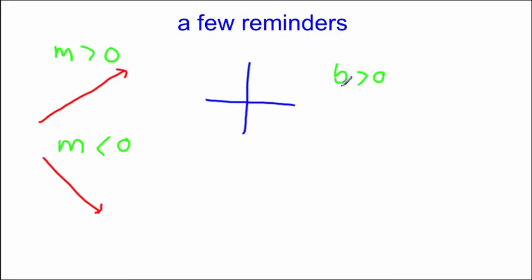So it would make sense if b is greater than 0 in y equals mx plus b that your line lives above the origin here. And likewise, if you have b is less than 0, you would expect to see your line crossing below the origin. So those are just little reminders as you go along here.